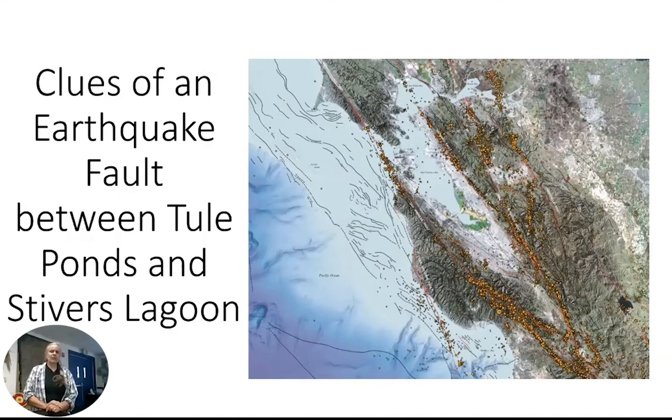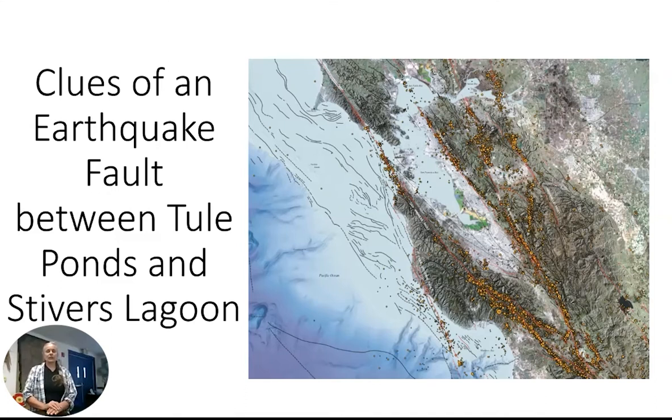Seismology has to do with the waves that are generated, or the energy that's released from the earth cracking. Now, if you notice here, we have these orange dots, and that is what outlines the different faults, especially in the Bay Area.